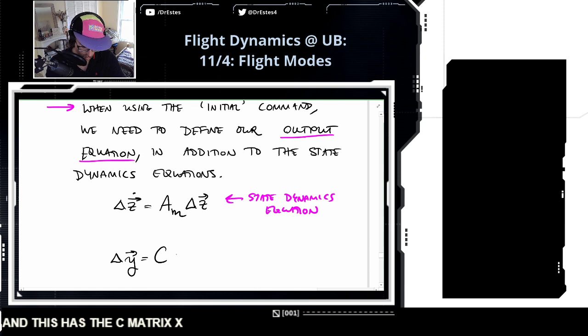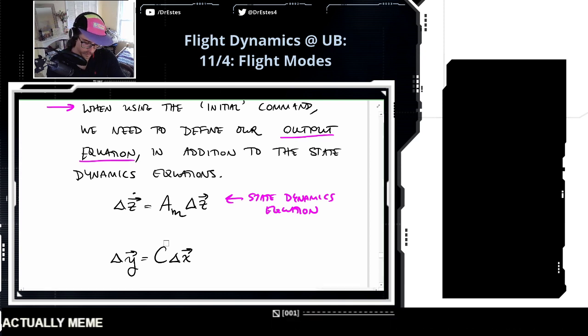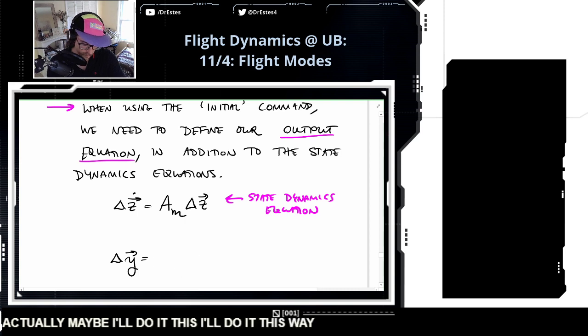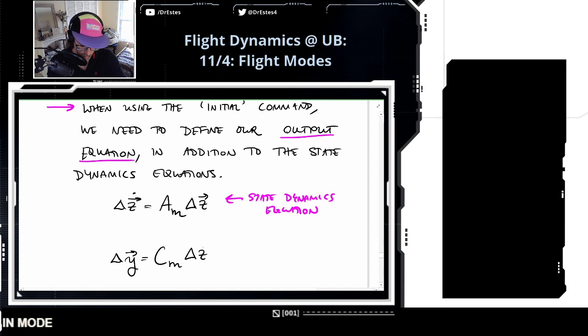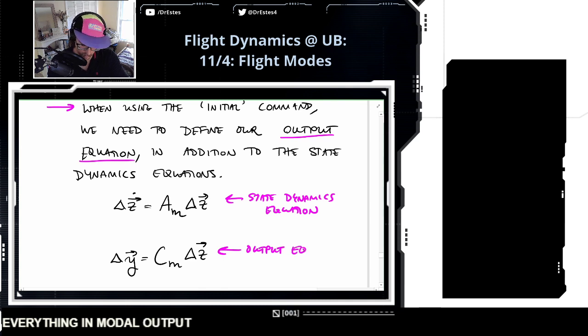times, I'm going to have it times our states in physical coordinates. Actually, maybe I'll do it this way. I think I like this better. Keep everything in modal. Output equation for state space model.